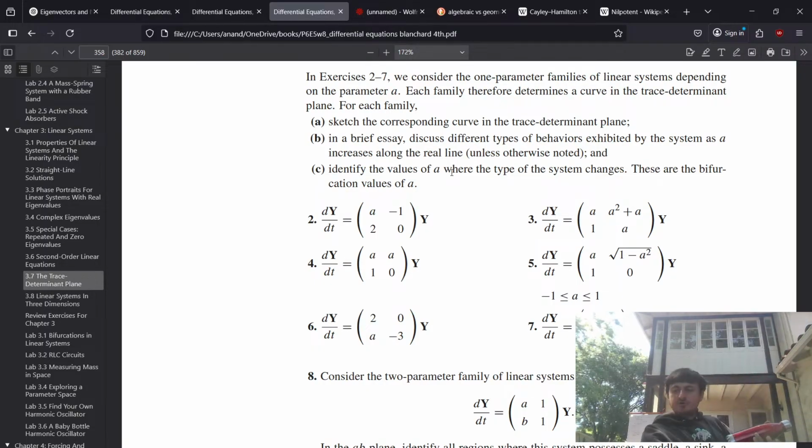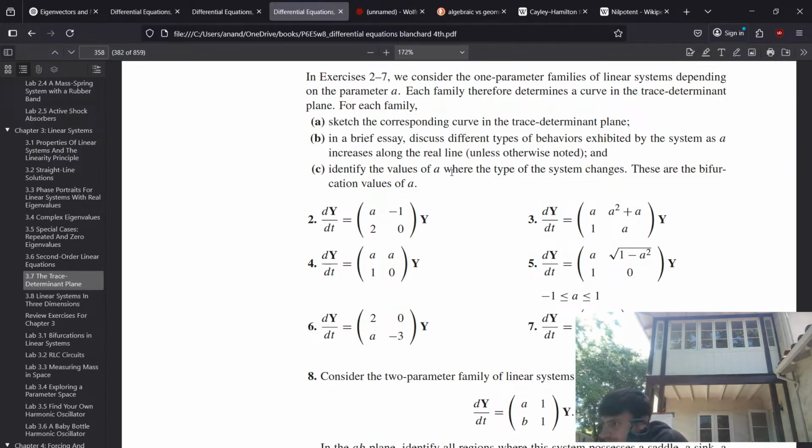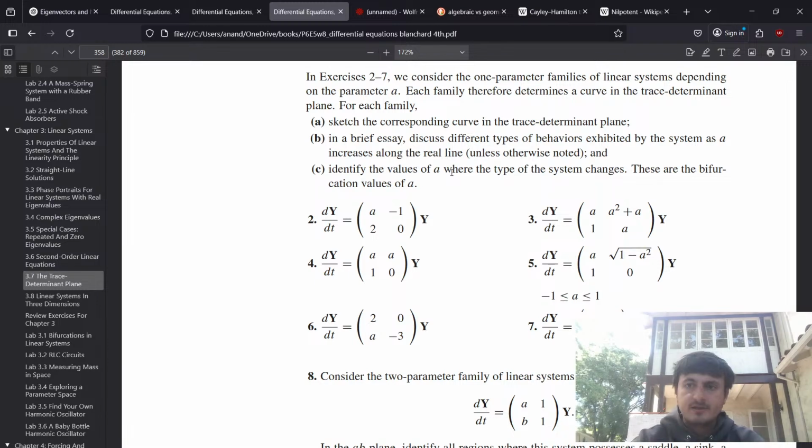All right, let's do 2 first, actually. 2 seems like, because I want to do one of the easy ones before I do one of the hard ones. All right, so sketch the corresponding curve in the trace-determinant plane.